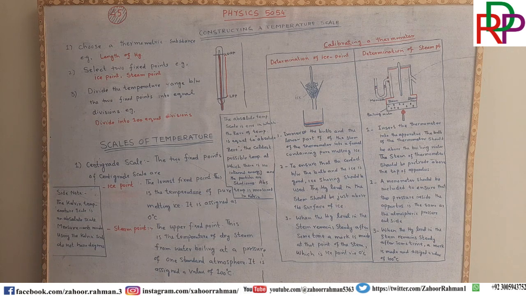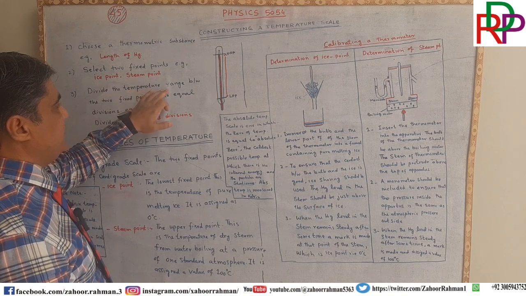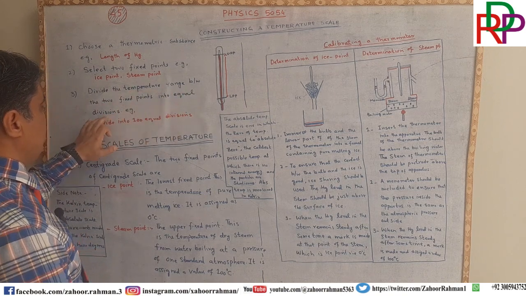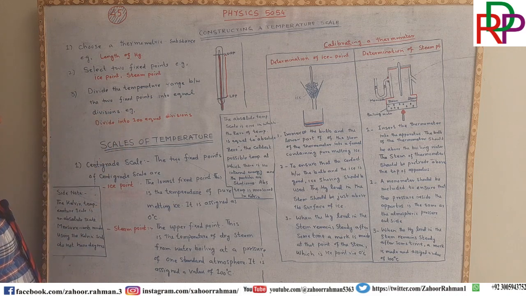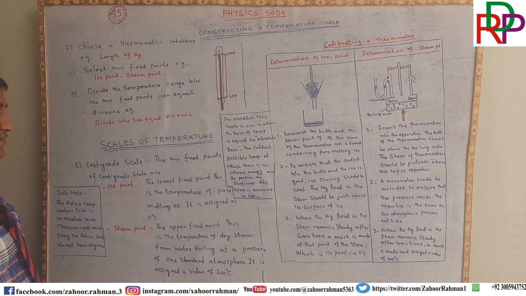Then our third and most important step is to divide the temperature range between the two fixed points into equal divisions. For example, divide into 100 equal divisions if we are talking about the centigrade scale. The centigrade scale is also known as the Celsius scale.